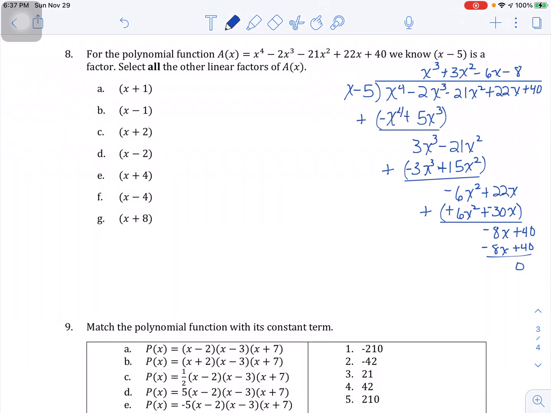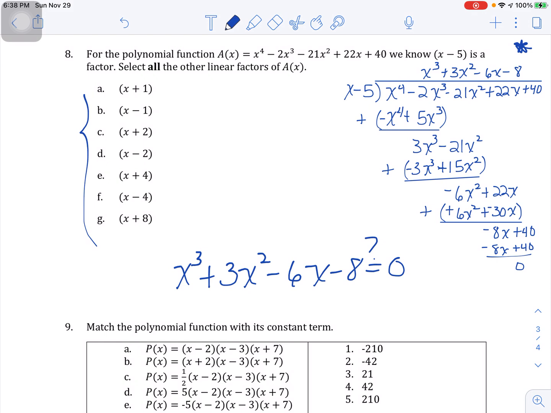We don't have another factor to divide this third degree polynomial with, but we can just go through and kind of guess and check. If it is a factor, then we should be able to get 0 here. So let's look at what makes x cubed plus 3x squared minus 6x minus 8 equal 0.